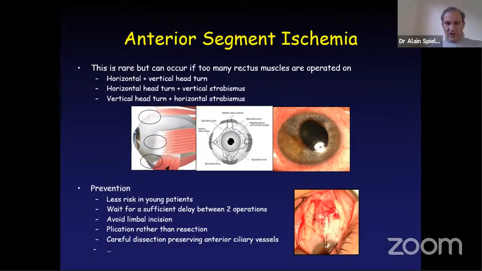The prevention. There are ways to prevent, and there are fewer risks in young patients. First, you have to wait a sufficient delay between two operations, because you will give time for vessels to develop.